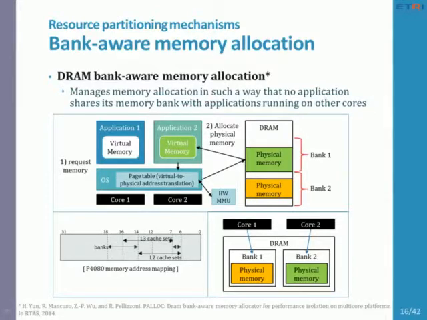If we look at the address of physical memory, we can know which bank in the memory module the data goes to. So we changed the memory allocator of Q+Air to check these bits and allocate memory in such a way that each core uses separate memory banks.